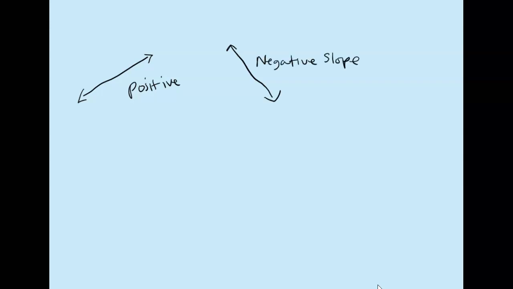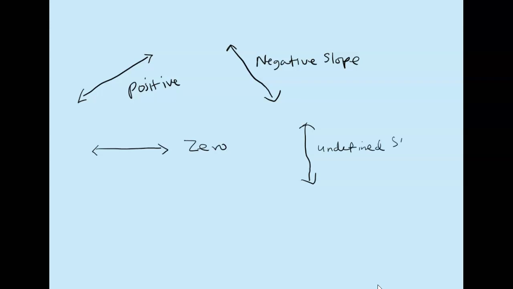And when it's a horizontal line, it gives us 0 slope, and vertical lines have undefined slope.